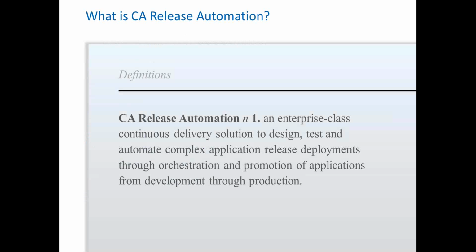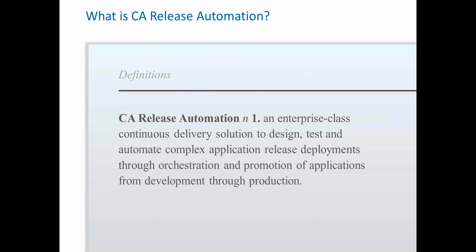You also often hear the word DevOps used to talk about continuous delivery or release automation. DevOps is more of a philosophy of how to go about bringing developers and operations closer together and enabling them to work better. And things like continuous integration, continuous delivery, and release automation are, if you like, ways of achieving the DevOps philosophy.